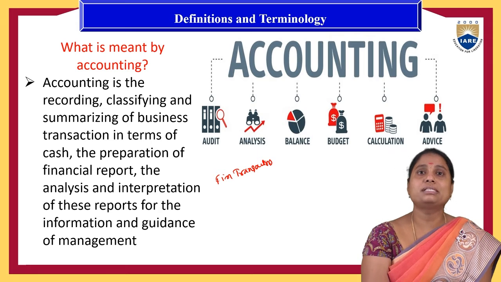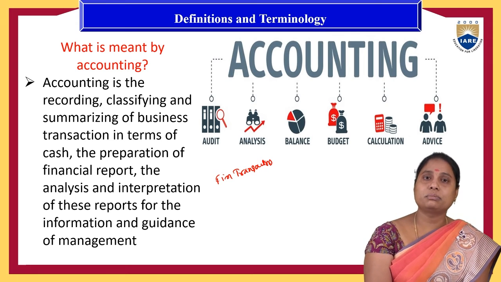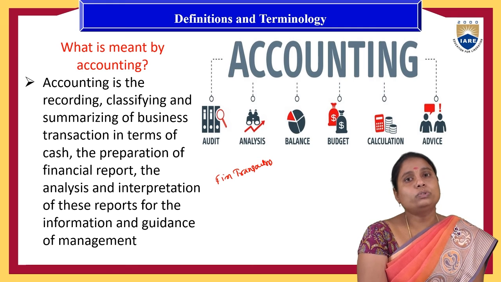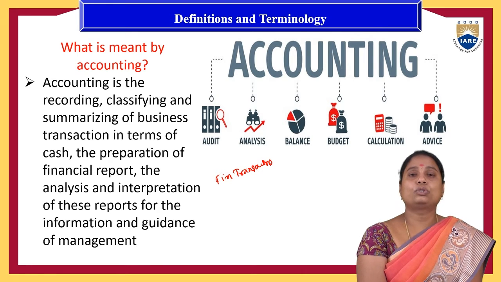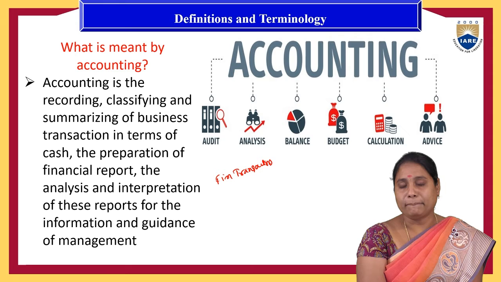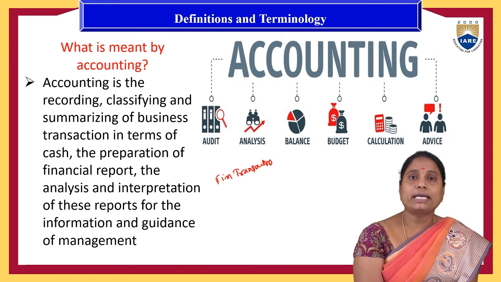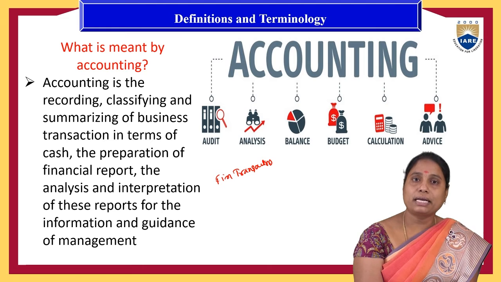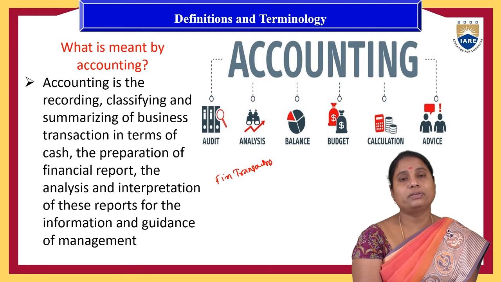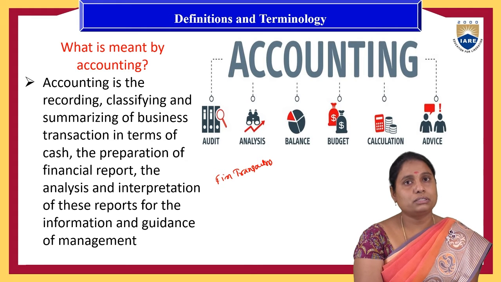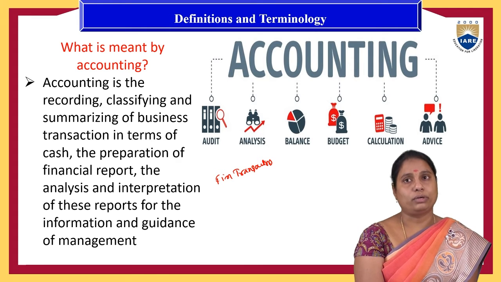Who are the users? The management, employees, customers, competitors, governments, etc. All these users have to take the best decisions based on the financial recordings of the organization. That process of recording, classifying, summarizing, interpreting, analyzing and communicating financial records in a proper manner is called accounting.